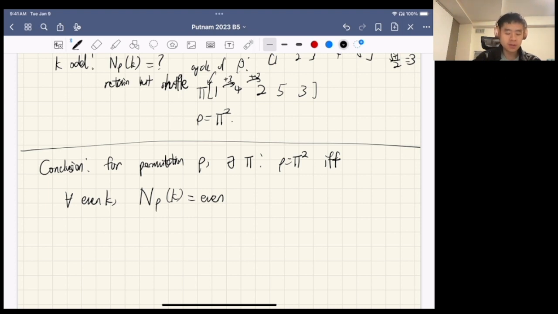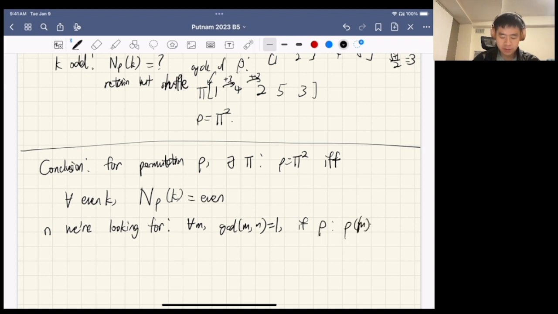And therefore, the n we are looking for is such that for all m such that GCD(m, n) equals 1, if rho is such that rho(k) equals mk, then rho has this property.